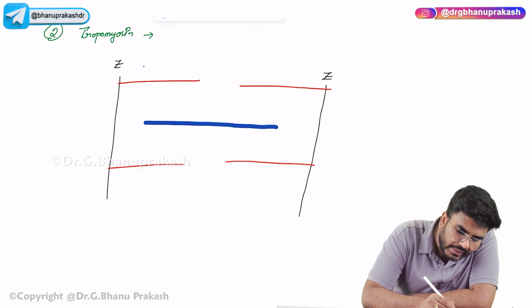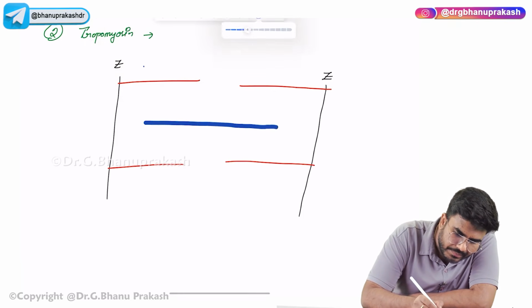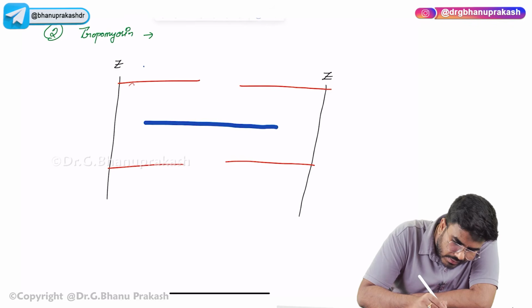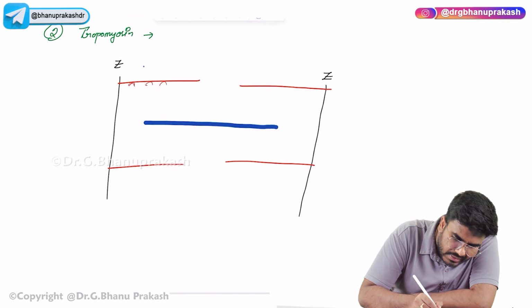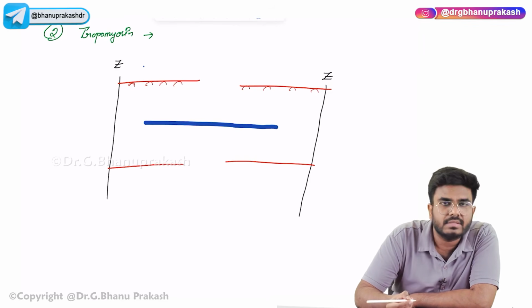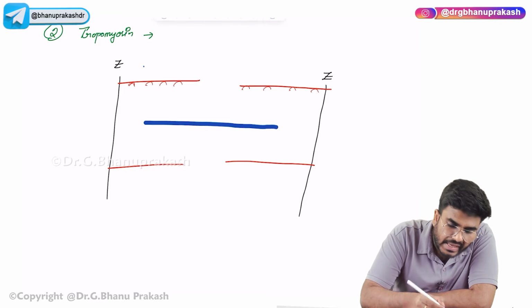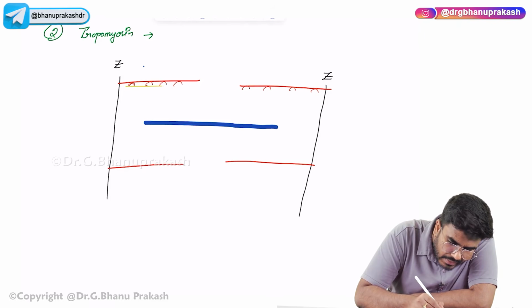Now, look at the actin. On the actin, there are active sites present. Now, these active sites are actually covered.